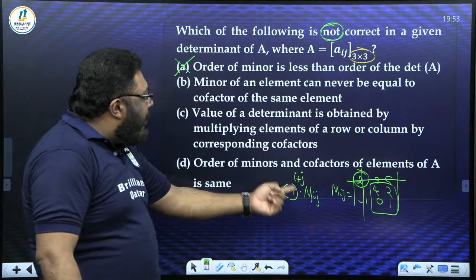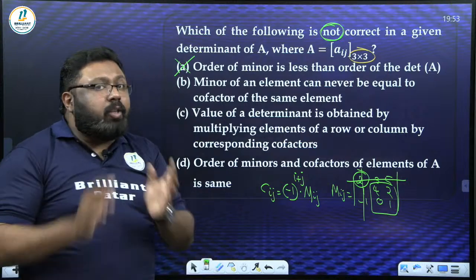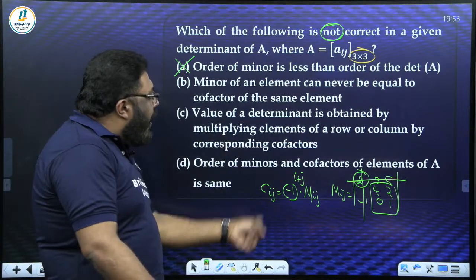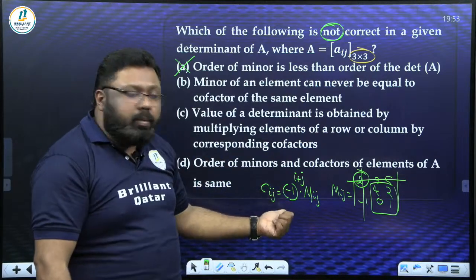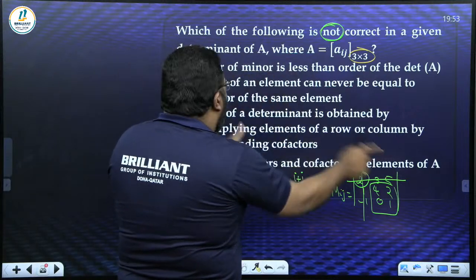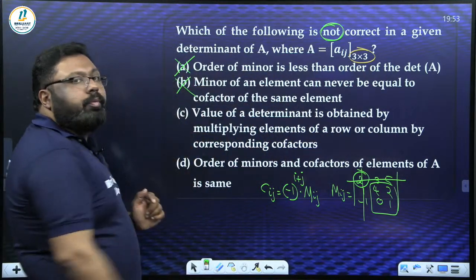You multiply the minor with a numerical value, which is always a power of minus 1. If this numerical value turns out to be 1, cofactor will be equal to minor. But if the numerical value sometimes turns out to be minus 1, cofactor is not equal to minor. So they said it can never be equal to the cofactor, but sometimes it is equal. So that is also wrong.